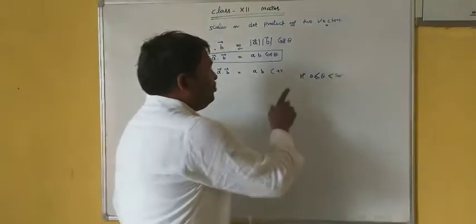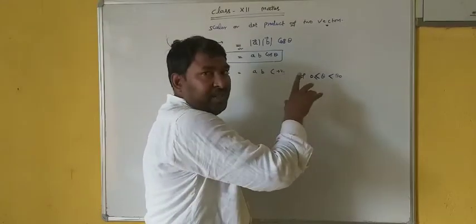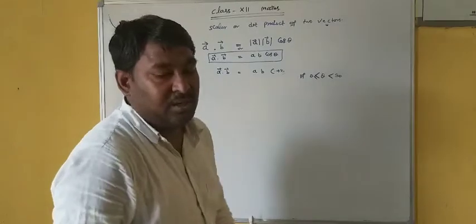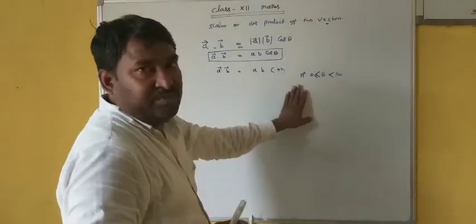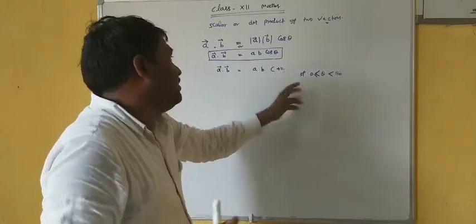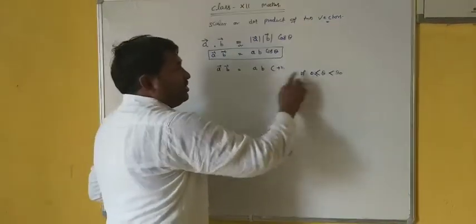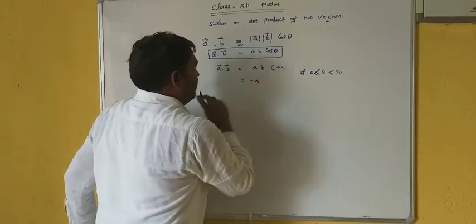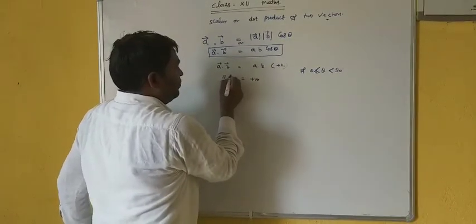And in one more case it will be positive, when theta belongs to the fourth quadrant, then also cos theta will be positive. But we are talking about acute angle, obtuse angle, and when theta is 90 degrees. So when theta belongs to this range, A dot B will be positive.